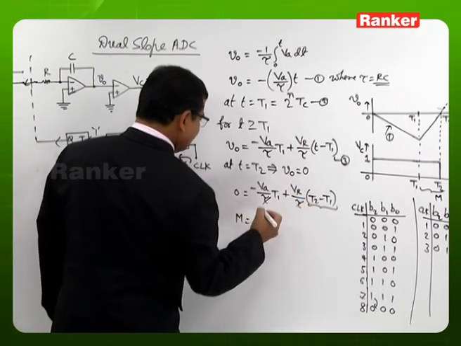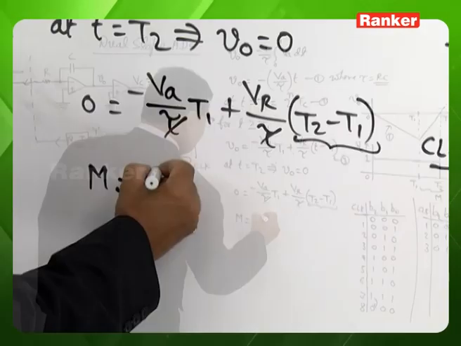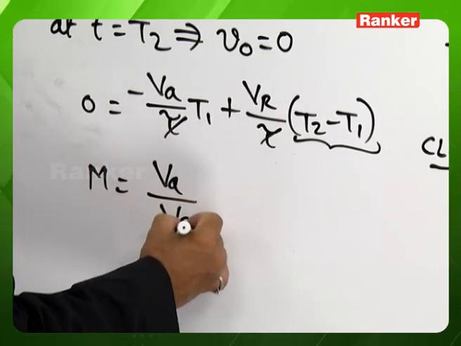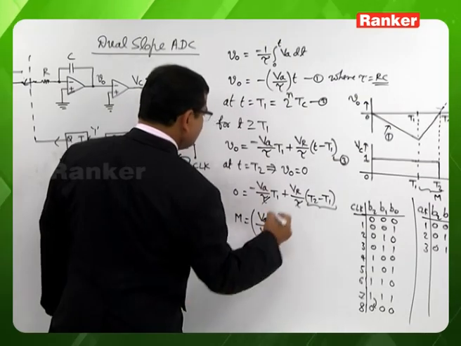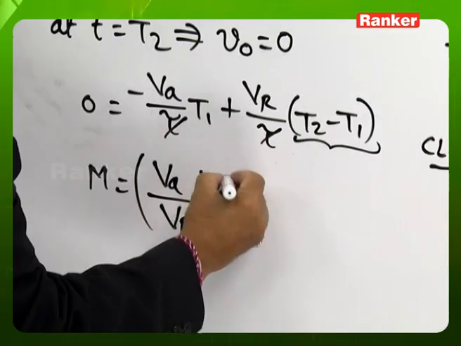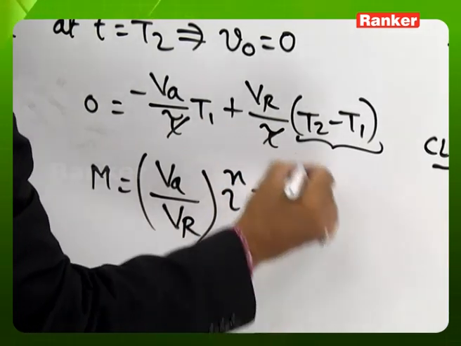will be VA by VR into T1, where T1, by using equation 2, is 2 to the power of N into Tc.